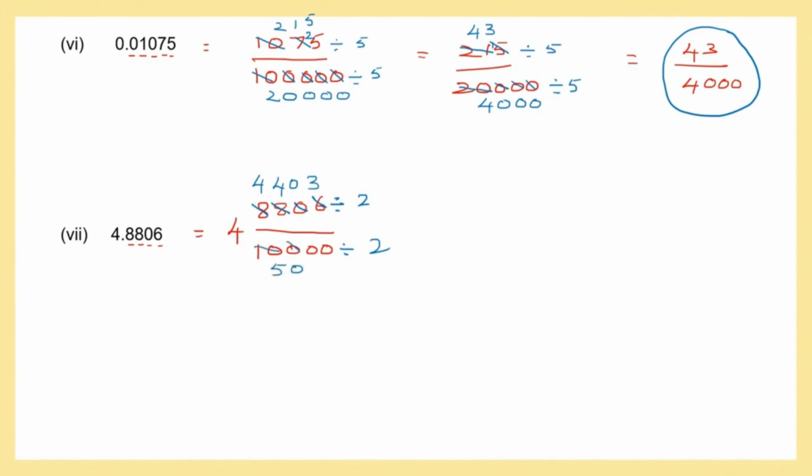Bring the 0 and one more 0. So what do we have now? We have 4,403 by 5,000. Now this cannot be reduced further. So this is my final answer.